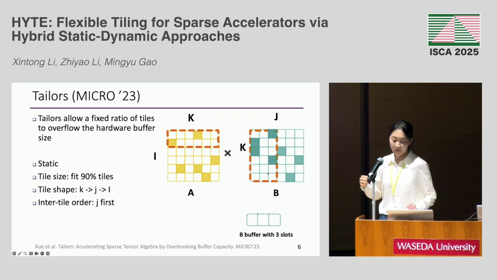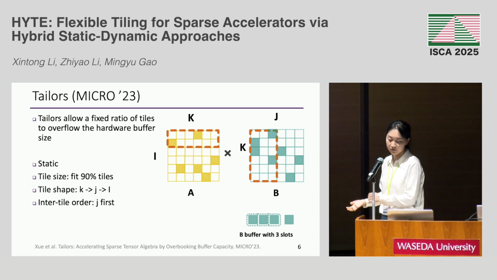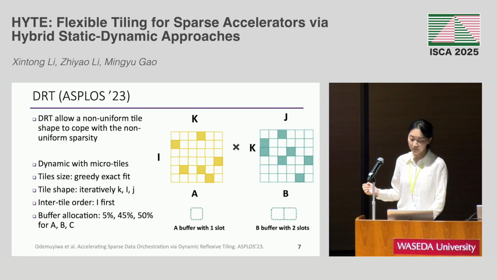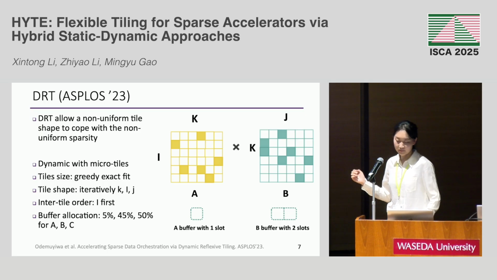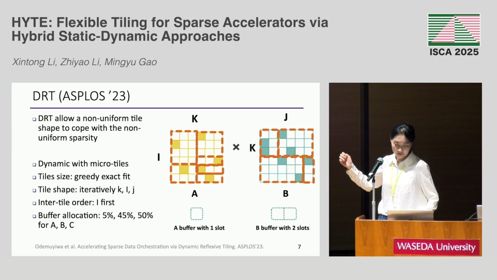To mitigate the buffer underutilization from irregular sparsity, Tailors allows a fixed percentage of the tile size to exceed the buffer limit. It statically sets the overbooked tile size and fixes the tile shape by expanding on the K dimension first, then J. From another angle, DRT supports non-uniform tile shapes. It is chosen greedily at runtime based on the data.